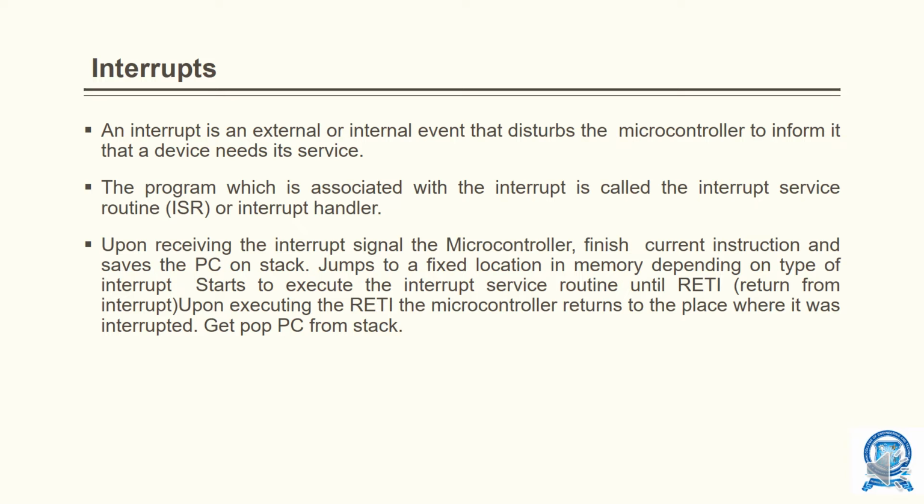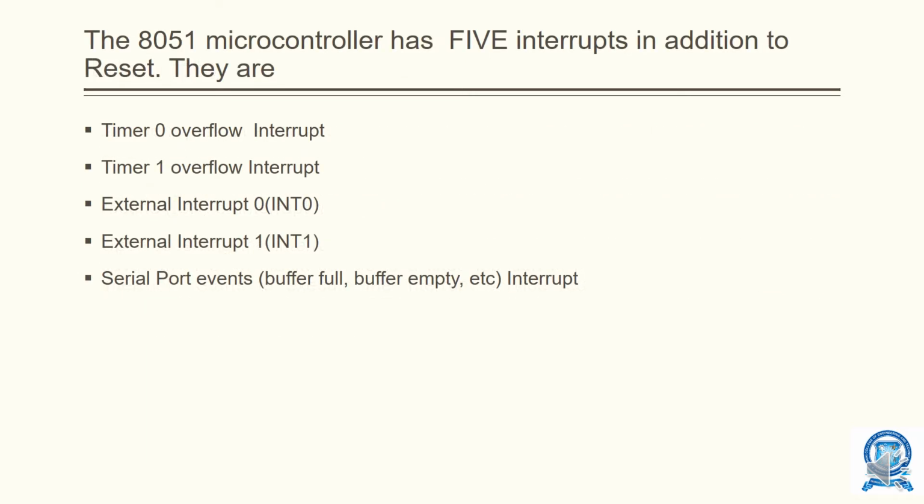Upon completing the interrupt service routine, the controller returns to the position by popping the contents of the stack. So initially when it switches over to the service routine, it saves the address where it left off in the stack. So the push operation is performed there, and in order to retrieve the address back, the pop operation is performed.